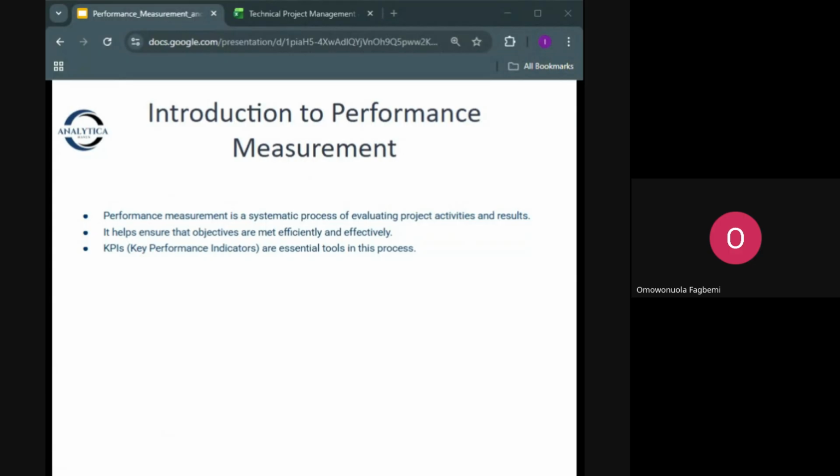Are we within the 80 million budget we planned? Is the quality of materials and workmanship meeting our standards? These checks are done using key performance indicators, the KPIs, which is our main measuring tool.